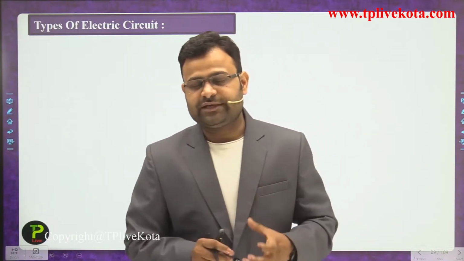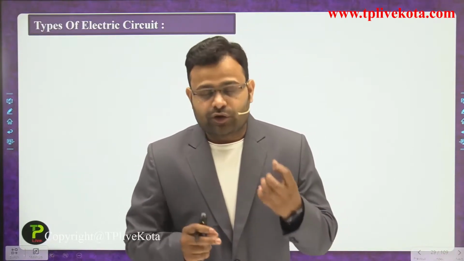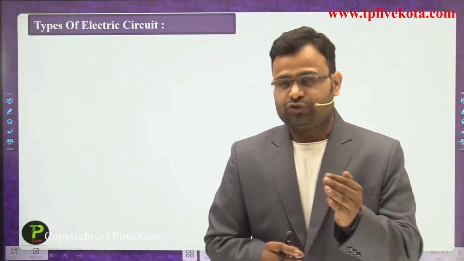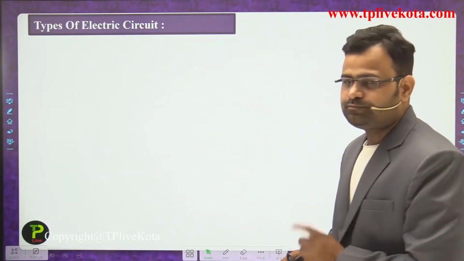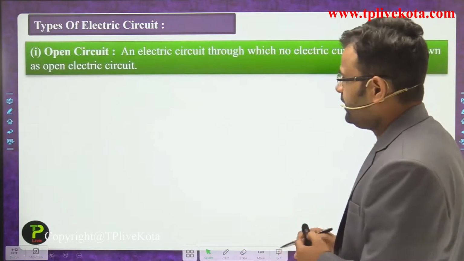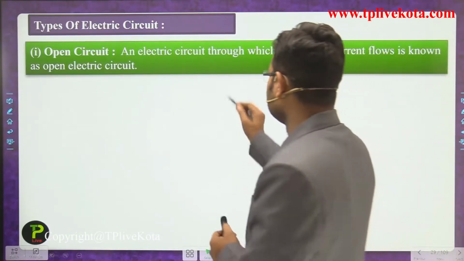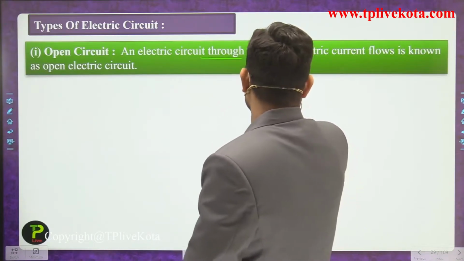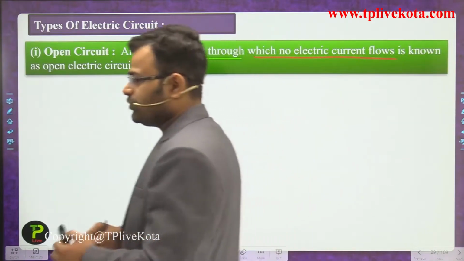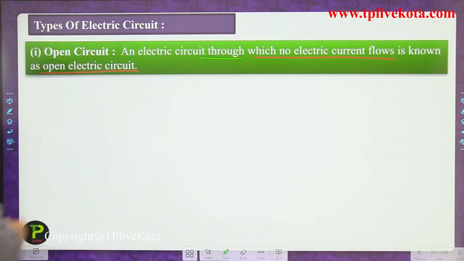If the switch is closed, the circuit works as a closed circuit. Okay, now first one, open circuit: an electrical circuit through which no electric current will flow is called an open electrical circuit.